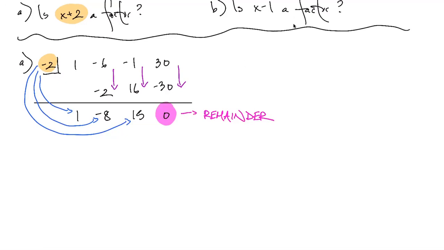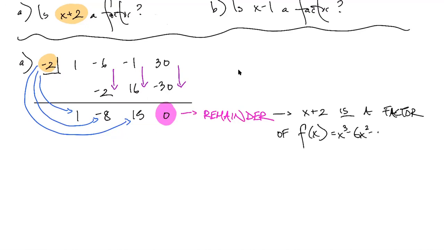So another way that we might think about that is that 2 is not a factor of 3. But when we get that the remainder is 0, what that tells us is that x plus 2 is a factor of f of x. Okay.